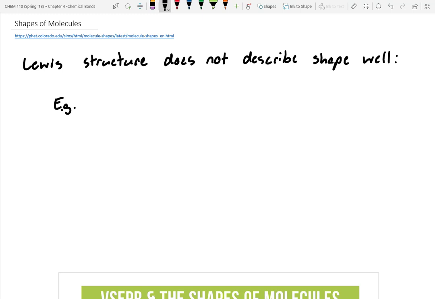And I'm going to redraw our examples with water, just so we can get a rough idea of why there's a problem here.